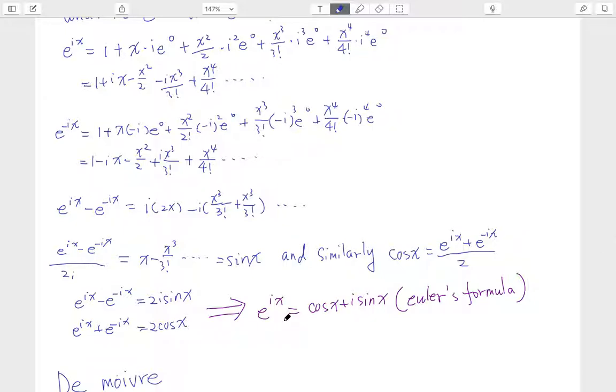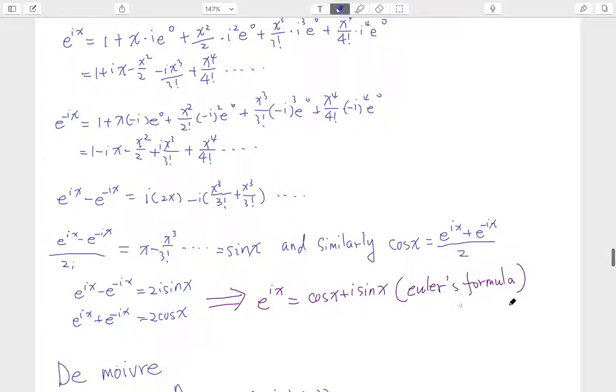It is equal to cosine x plus i times sine x. And as I said, it has been proved, I bet, many times, and plays a vitally important role in the development of mathematics. Euler's formula.